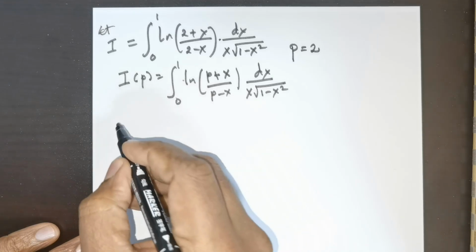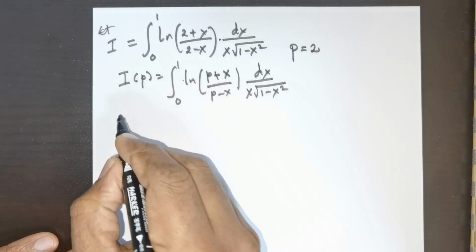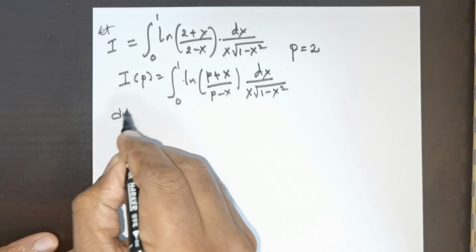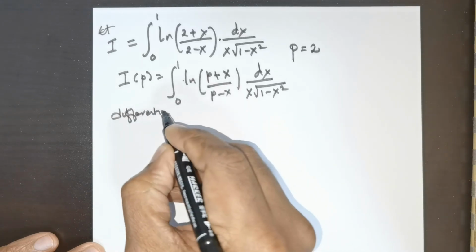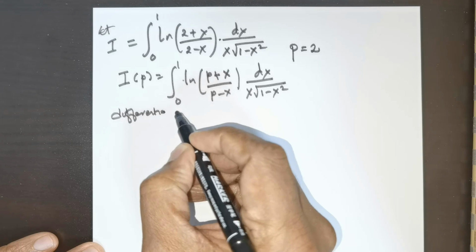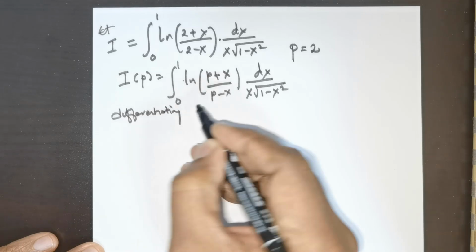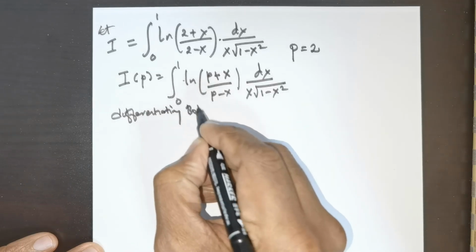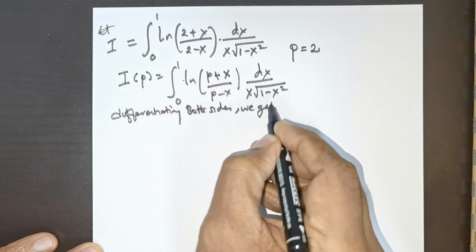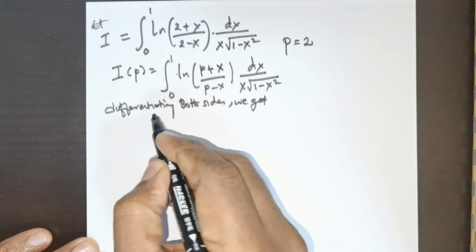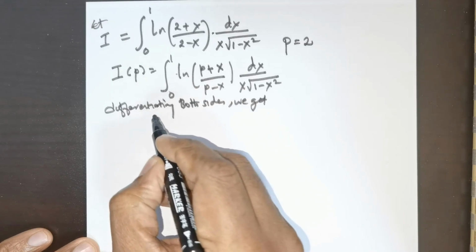So what I wish to do now is differentiate both sides, with reference to p.